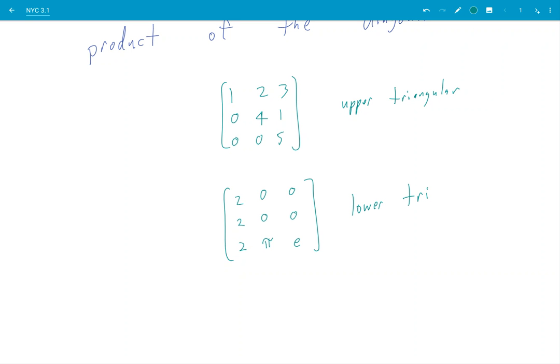It doesn't really matter. These are what are called triangular matrices. It's possible I have them mixed up, but the point is that you have these zeros either below the diagonal or above the diagonal. So in that case, you can very quickly find the determinant by just multiplying the diagonal entries. Okay, one last thing.